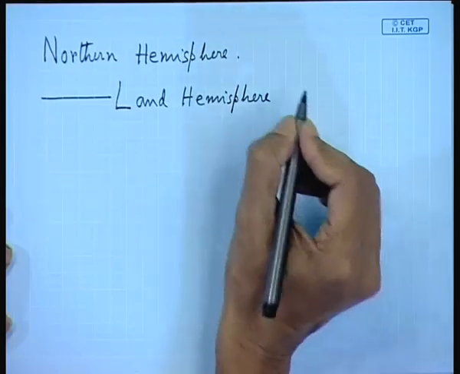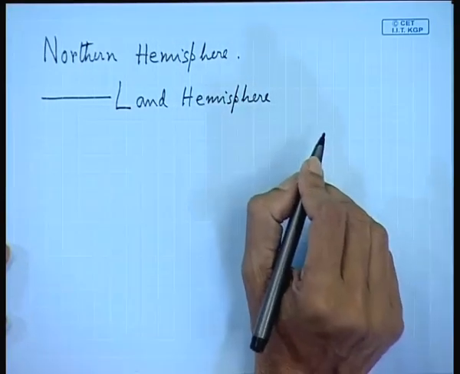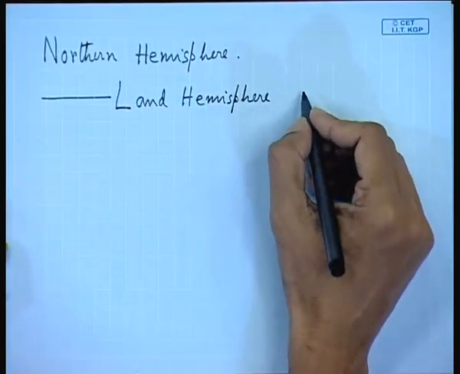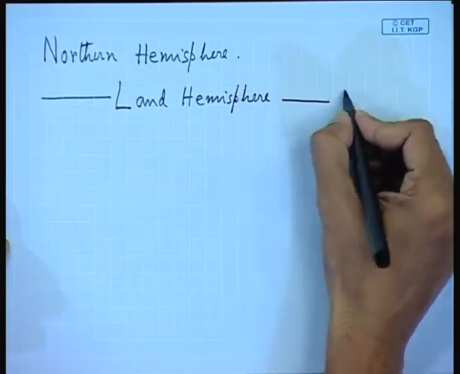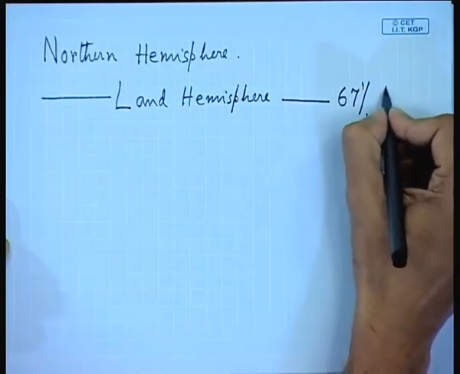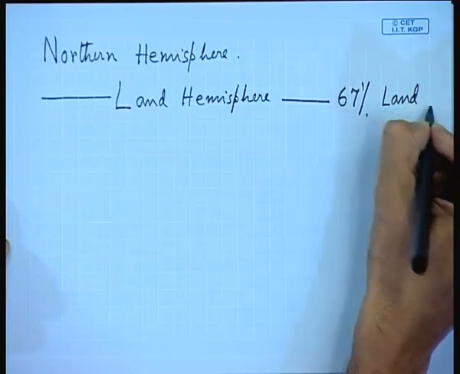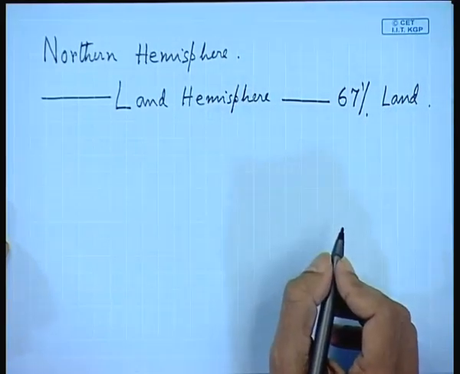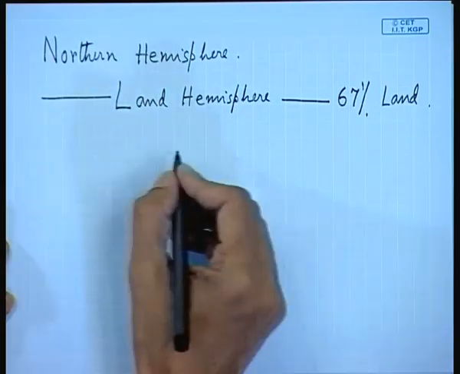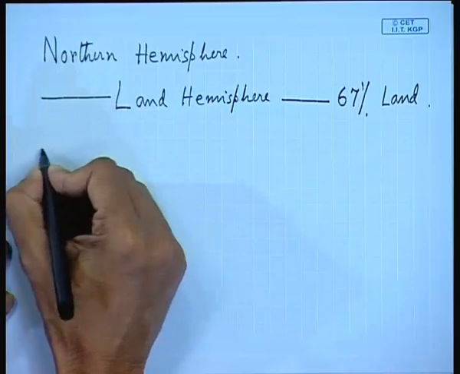Most of the continents of the earth are located in the northern hemisphere. So, this constitutes 67% of the land, whereas the southern hemisphere is absolutely a water hemisphere.